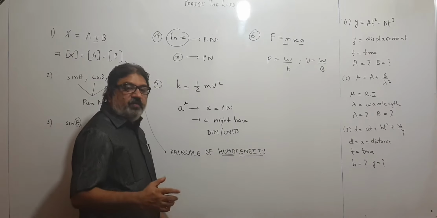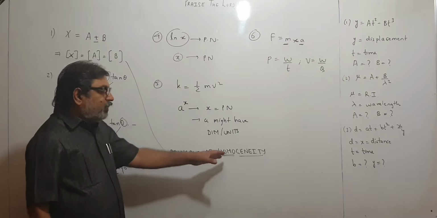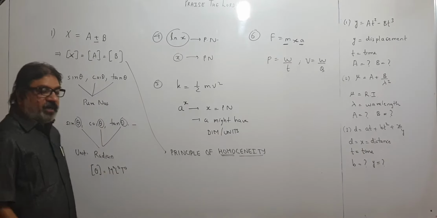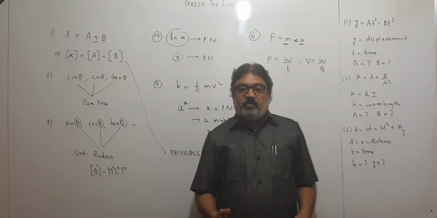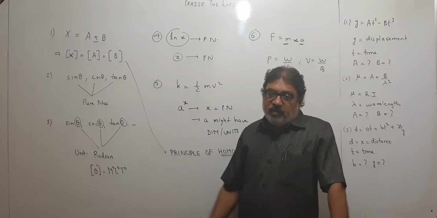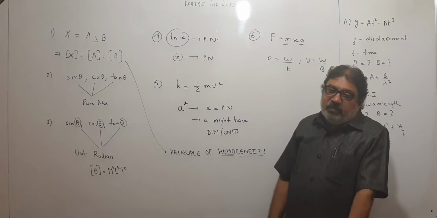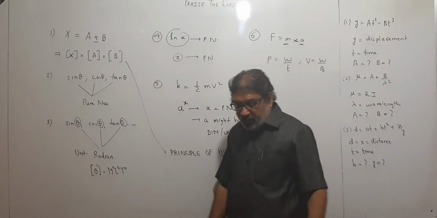So here same origin means same units or same dimensions will be there. So by the principle of homogeneity, only such physical quantities can be added or subtracted which are having same dimensions, which have got same origin, means from where they have started. That means in physics it means they should have same dimensions. If they don't have same dimensions, we cannot add them. That is called principle of homogeneity.